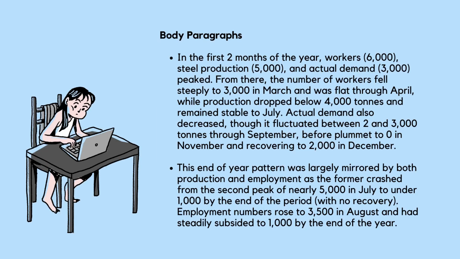Now let us write the body paragraphs. In the first 2 months of the year, workers at 6,000, steel production at 5,000 and demand at 3,000 peaked. From there, the number of workers fell steeply to 3,000 in March and was flat through April, while production dropped below 4,000 tons and remained stable to July.